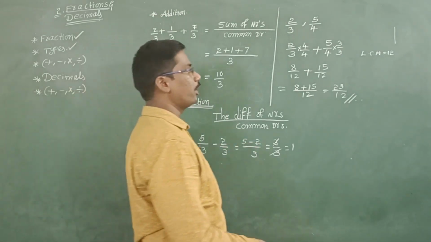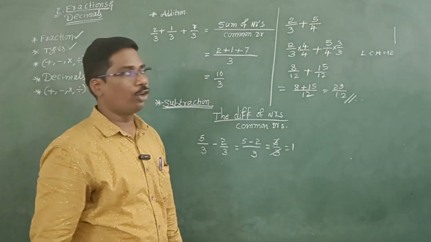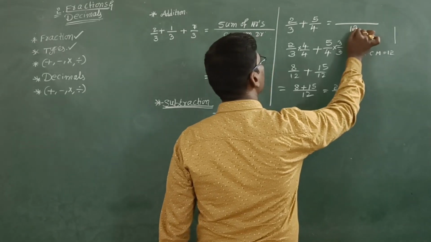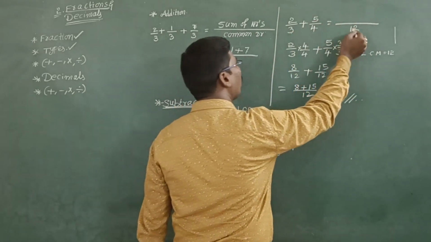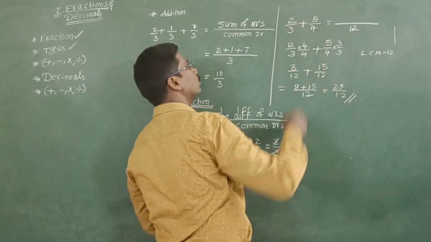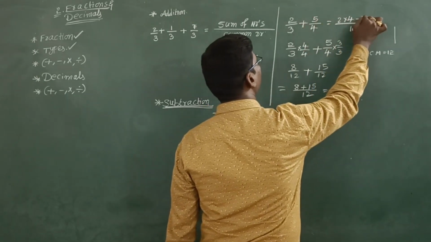In another method also, listen. 2 by 3 plus 5 by 4. Take out the LCM directly, 12. Now 12 goes into the 3 table how many times? 4 times. This 4 into this 2. Now there is a plus symbol.